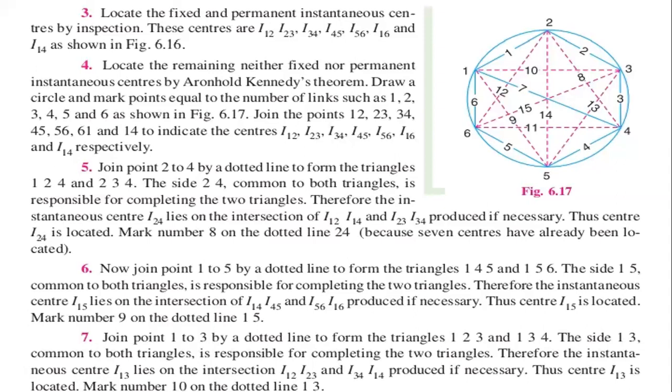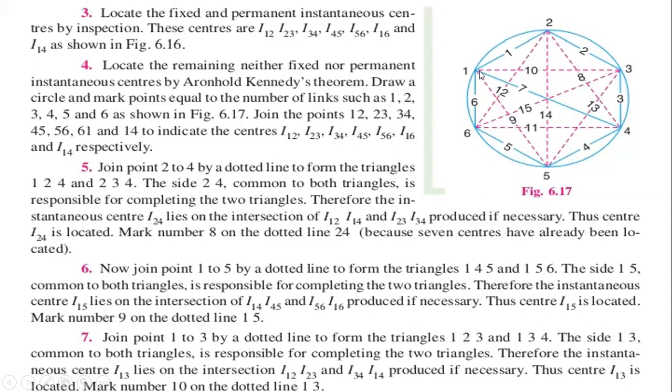Then join the points 1 and 3. So this is the point 1 and 3, and 1 3 is the dividing line of two triangles 1 2 3 and 1 3 4. So we have formed two more triangles, that is 1 2 3 and 1 3 4.